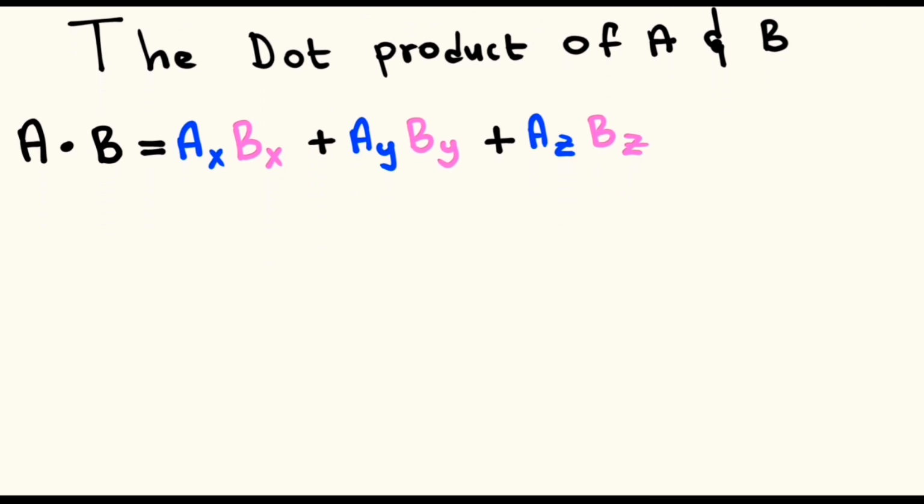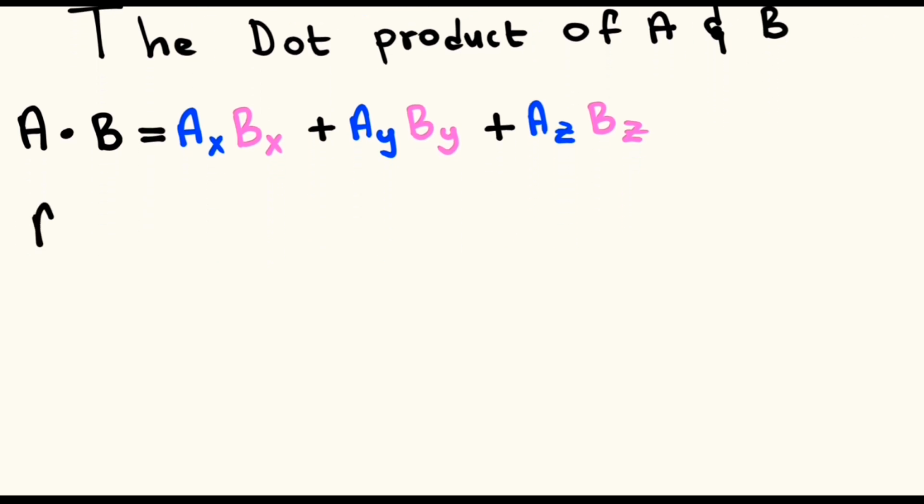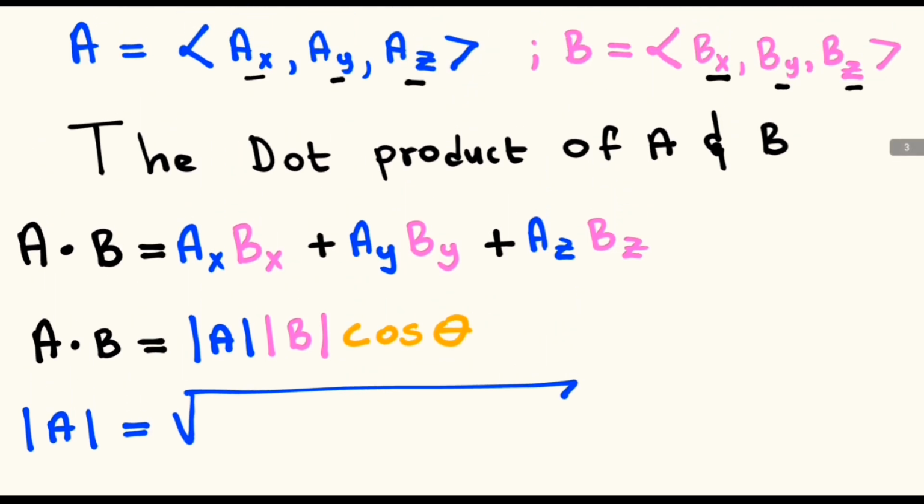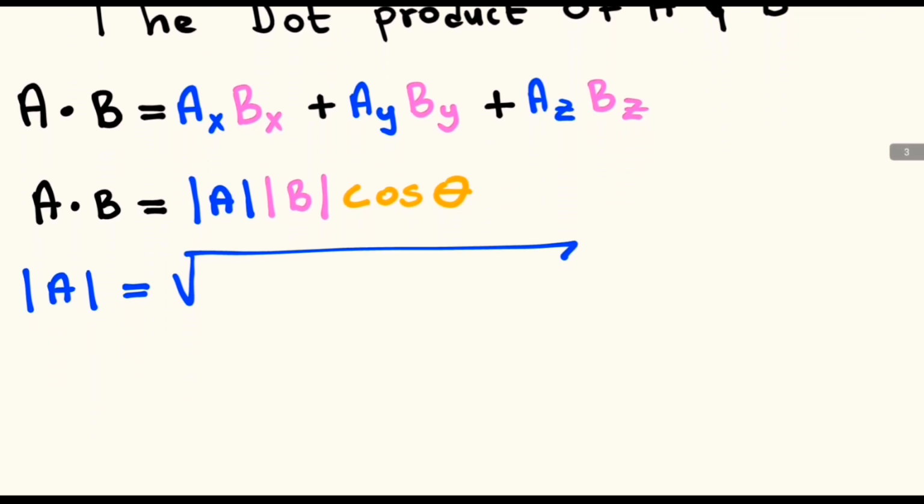The dot product of A and B, A dot B, can also be defined as the magnitude of A multiplied by the magnitude or the length of B multiplied by the cos of theta, where the magnitude of A, or the length of A, is defined by the square root of the sum of the squares of the individual coordinates.